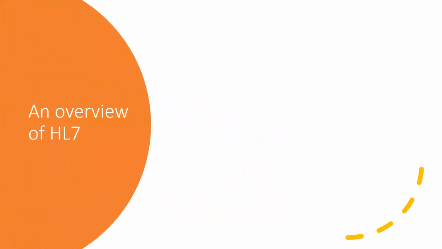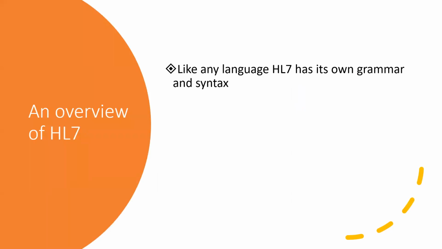So, a quick overview of HL7: like any other language, HL7 has its own grammar and syntax. HL7 has many versions. 2.3 is one of the most famous versions, which was a massive hit because it solved a lot of integration problems back in the 1990s. It has 12 chapters and 5 appendices.